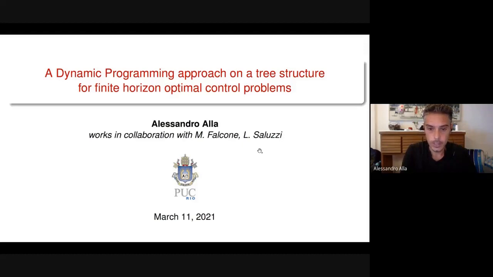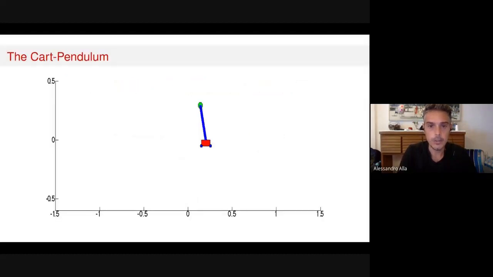Before starting with the math, I'm going to try to quickly explain what an optimal control problem is, and I'll give you an example. The classic example is the Cart-Pendulum. You have a cart which is just moving on the horizontal line, and attached to this cart there is a pendulum. As soon as the cart starts moving, the pendulum falls down.